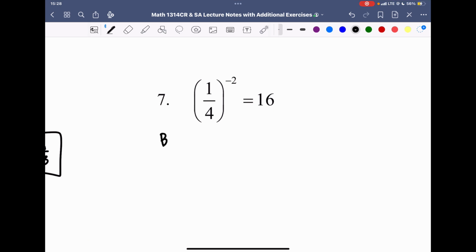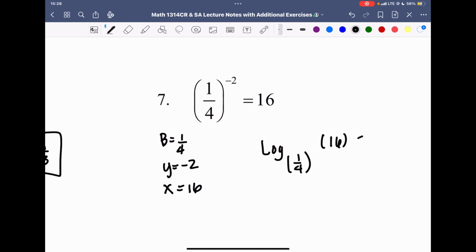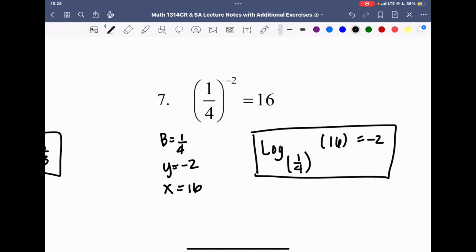So this is going to be b equals 1/4, y equals -2, and x equals 16. So it's log, 1/4 is your base. Remember, that's a subscript. So I'm going to put that in parentheses. It's up to you. Equals -2. This is just one of the situations where I don't want to get confused with the numbers.